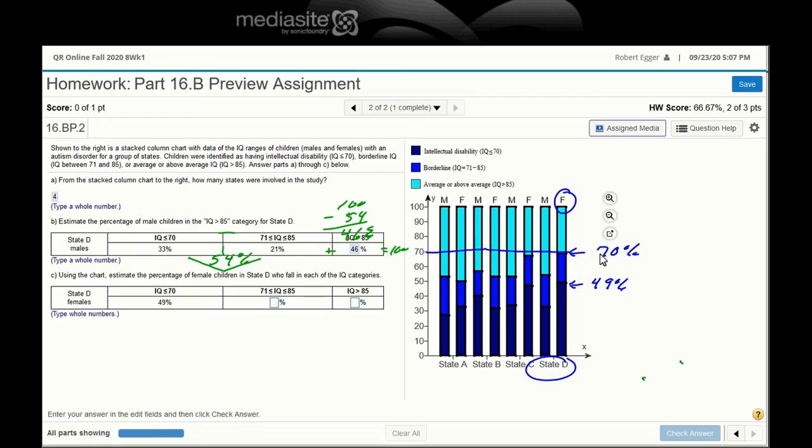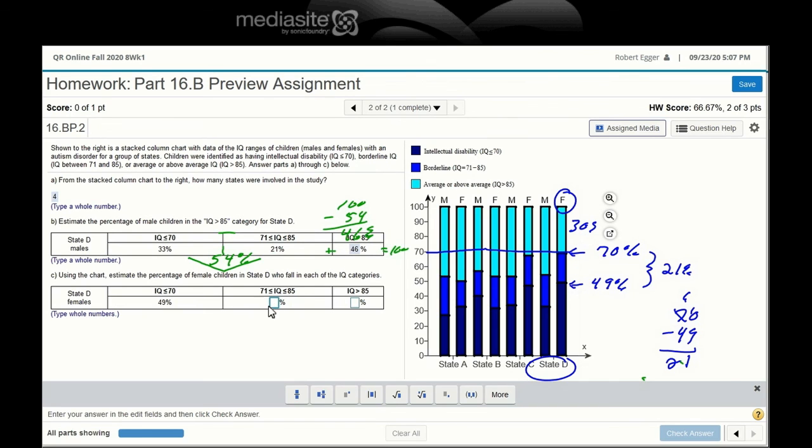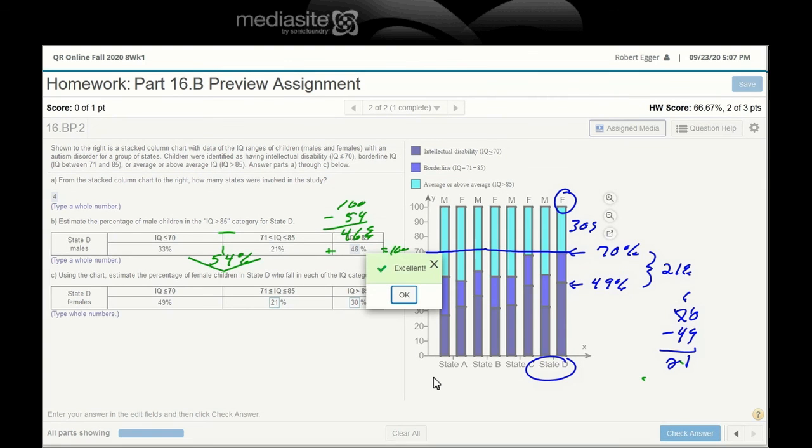And so for the in-between, looks like this would be 70 minus 49, or 21%. And of course, this would then be 30%. Let's find out. Hey, not bad.